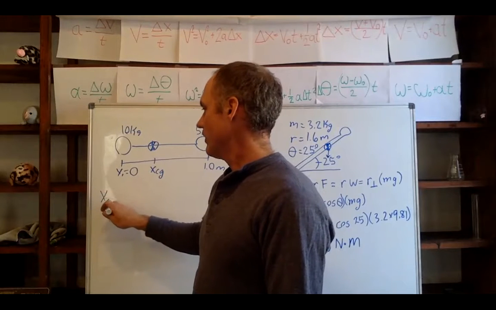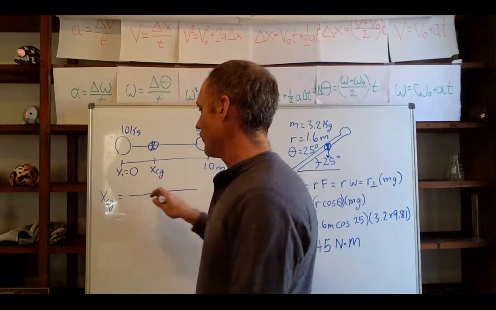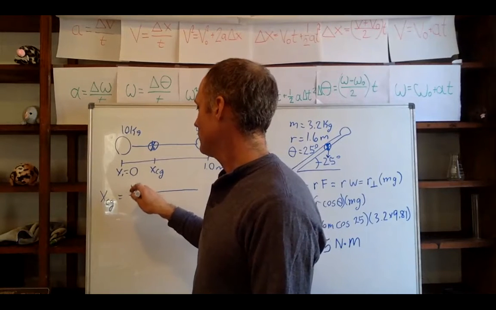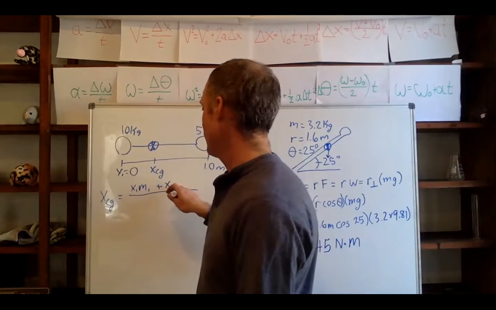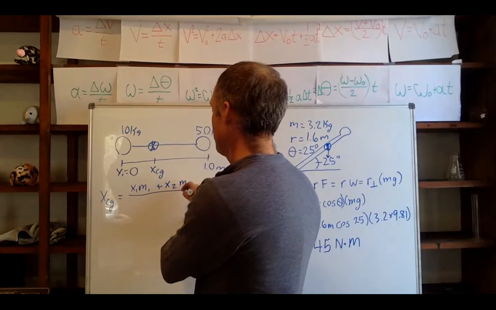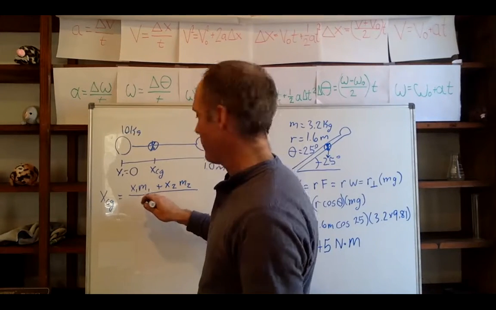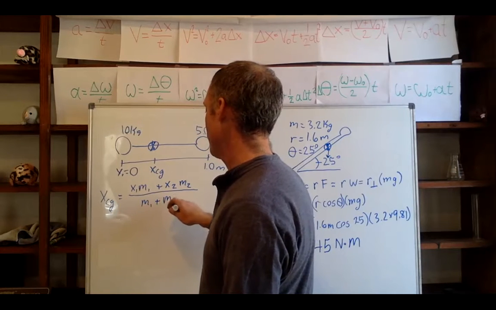So the center of gravity for an object is related to the torque applied by each part, x1 times mass 1, plus x2 times mass 2, over the sum of your masses, so mass 1 plus mass 2.